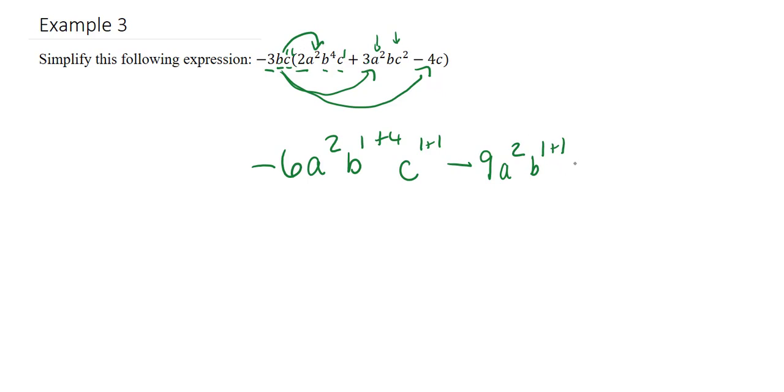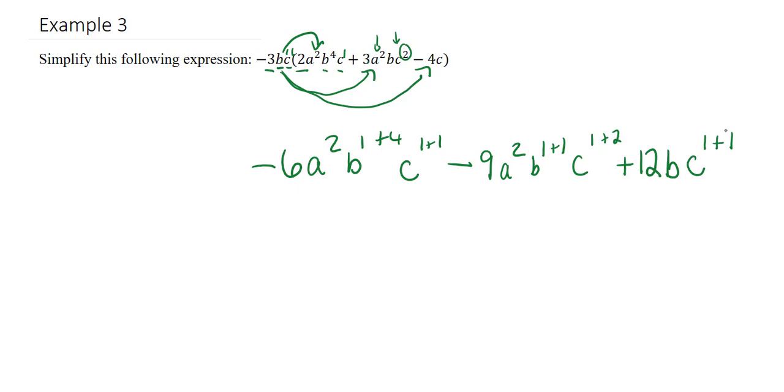And then we move on to c, so we have c to the 1, and then plus 2. And then we can go on to our final term. Negative 3 times negative 4 would be positive 12. And then we have just 1b, so we can just leave it as b. And then c, 1 plus 1.